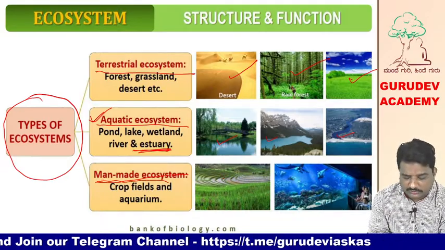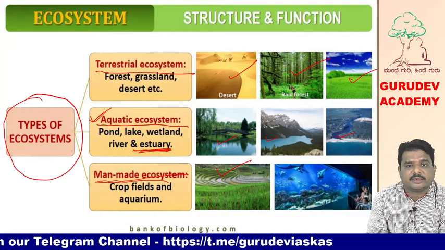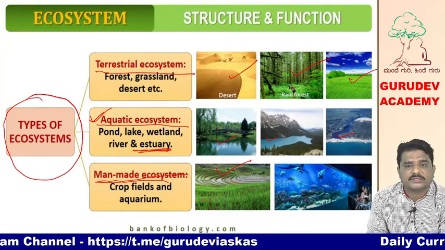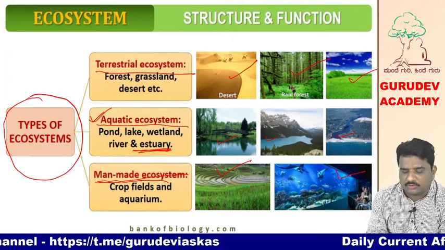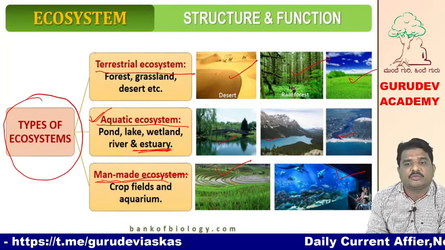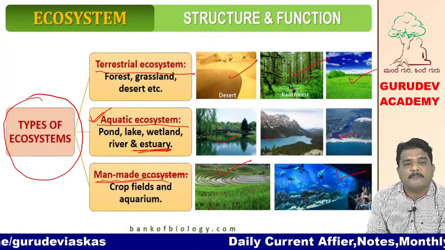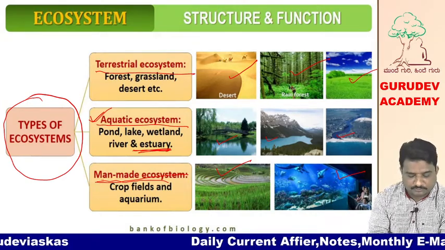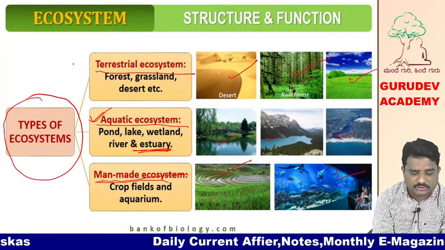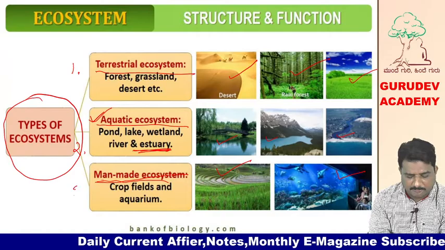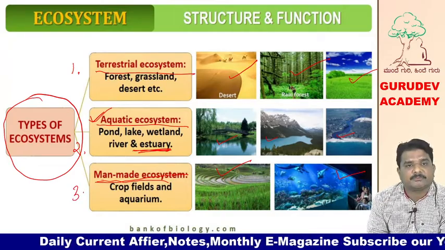Man-made ecosystem: you are observing this diagram, crop fields, this is a man-made ecosystem. This is aquarium. In this diagram you are observing aquarium in this picture. Aquarium is also man-made ecosystem. So there are three types of ecosystem: terrestrial, aquatic and man-made ecosystem.